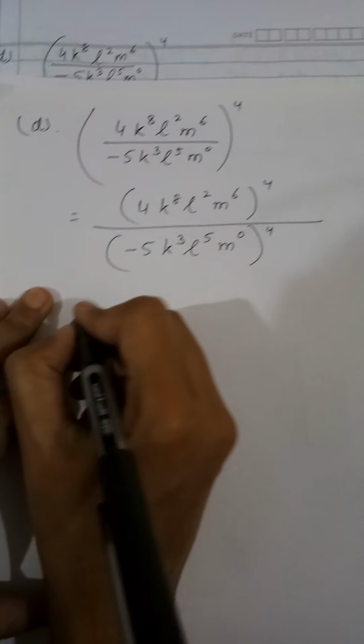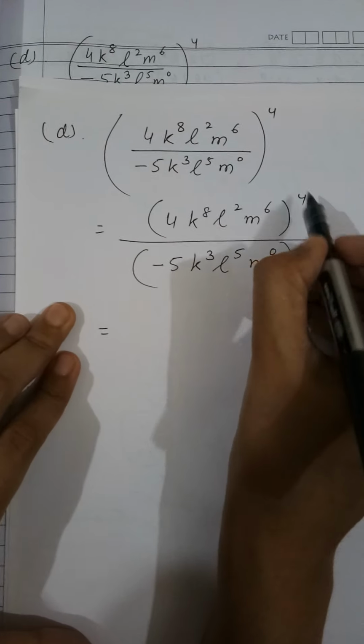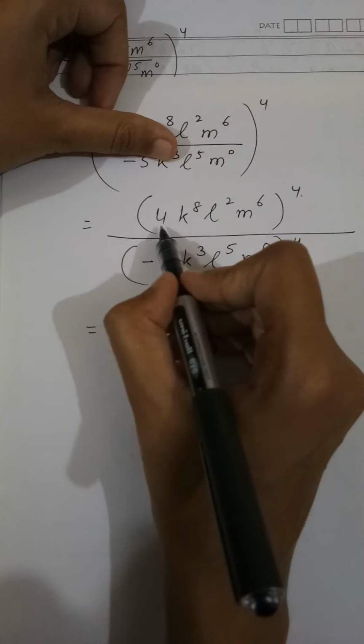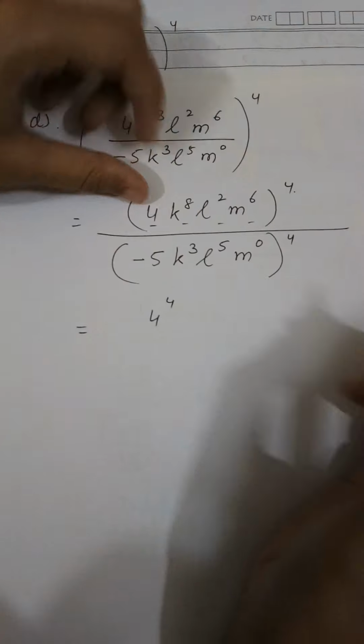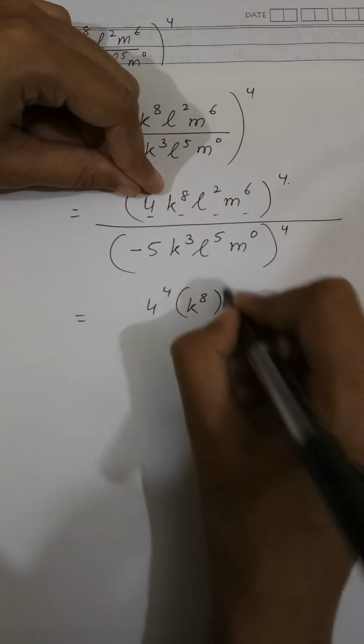Okay. Now the next step is that I am going to take this power 4 with each factor. 4 to the power 4, k to the power 8 and then to the power 4.